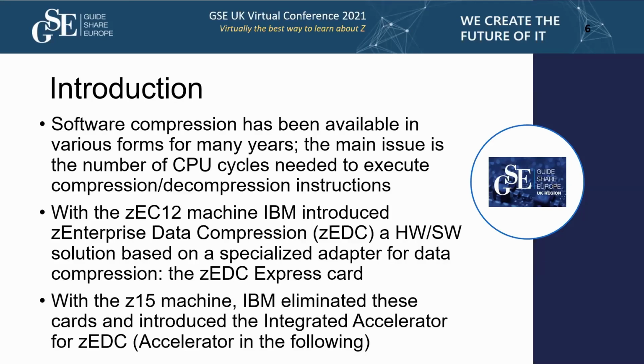With the z15 machines, IBM made a jump forward. They eliminated the need for the zEDC Express card by introducing the integrated accelerator for zEDC. We will call it simply accelerator in the following of this presentation.